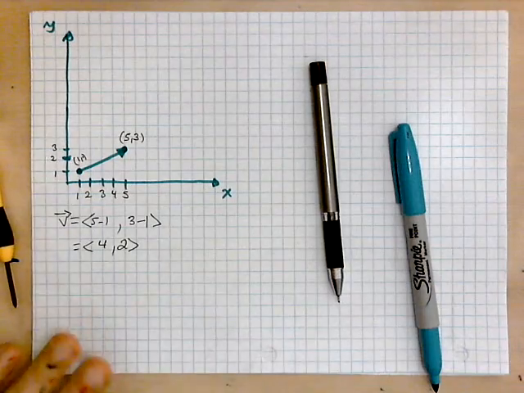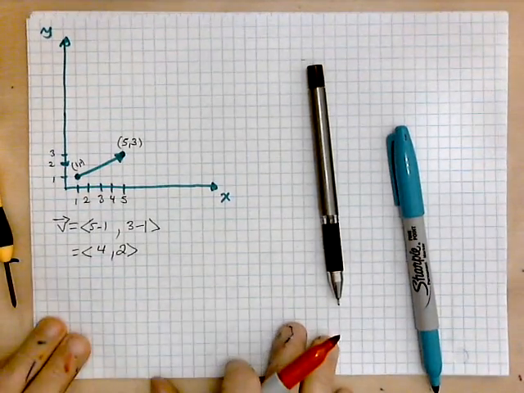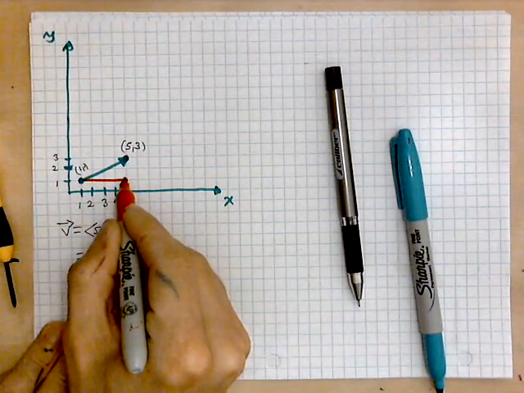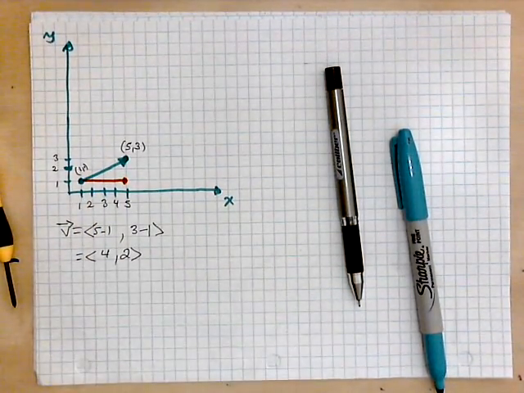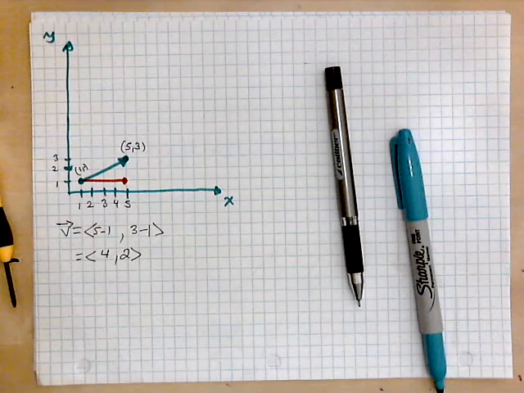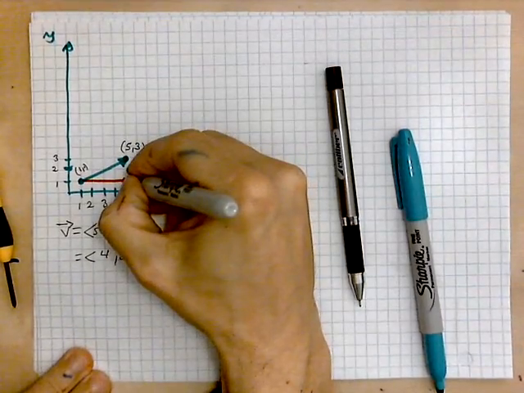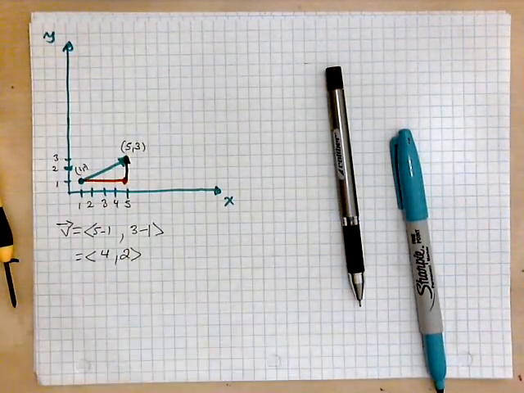The components in picture form are the following. The x component is 4, so that is this one here. The y component is, let me use a marker that's considerably different. Let's use the black here. So that looks like this.